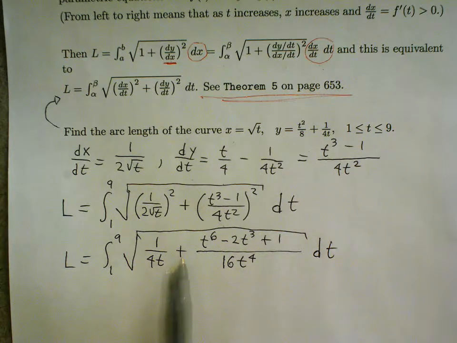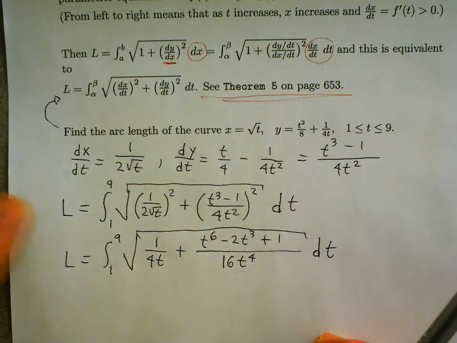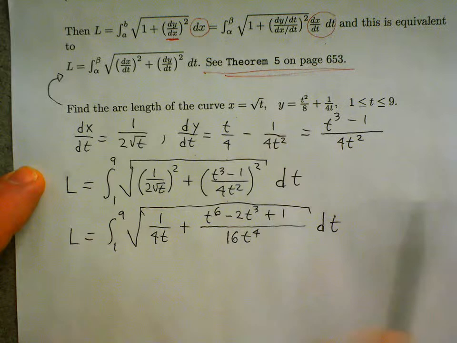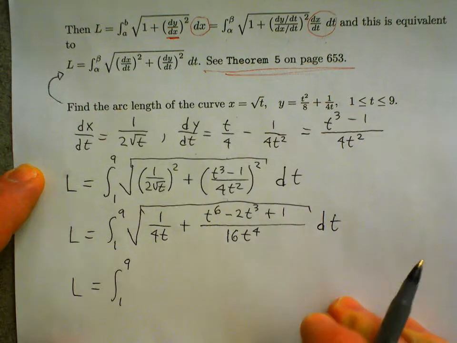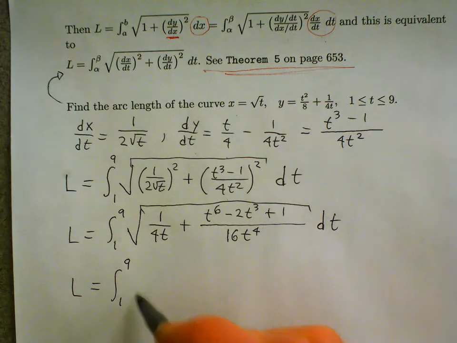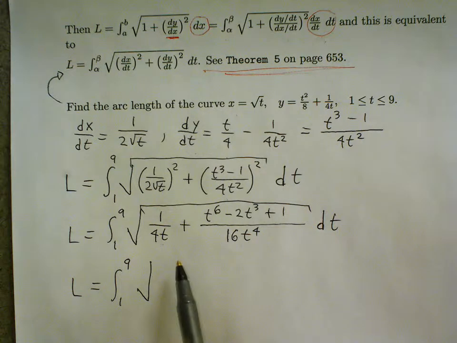Okay, a common denominator inside the square root. Let's write this as a single rational expression with a common denominator of 16t to the fourth. So we'll multiply 1 over 4t by 1 in the form 4t cubed over 4t cubed.